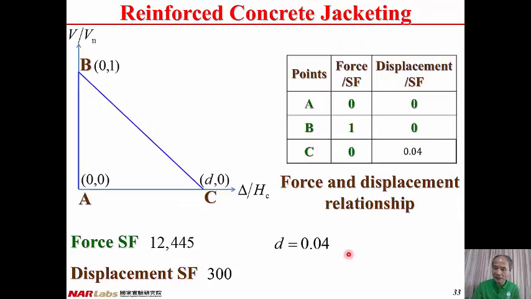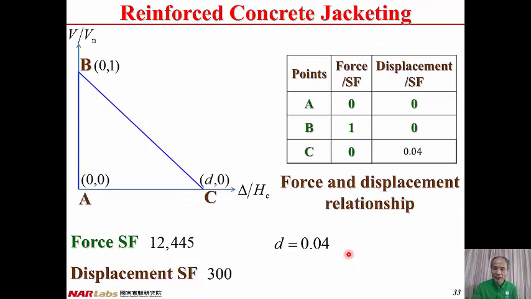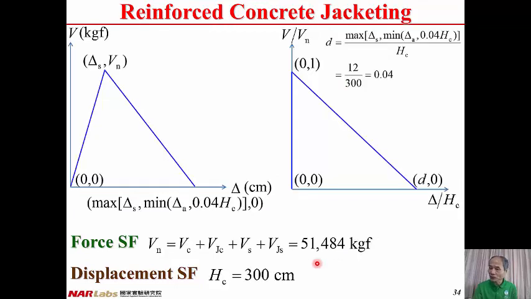If we go back to the previous slide, for the original column, the shear strength is 12 ton-force, and after jacketing, it is increased a lot to 51 ton-force. And the displacement scale factor, Hc, is the clear height of the column, equal to 300 centimeters.